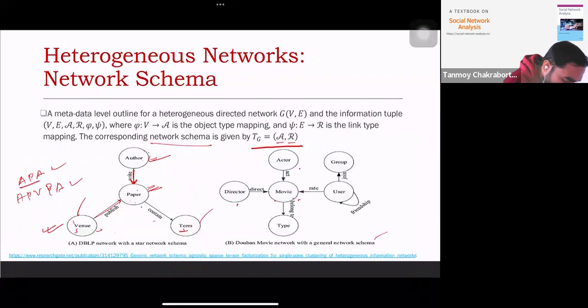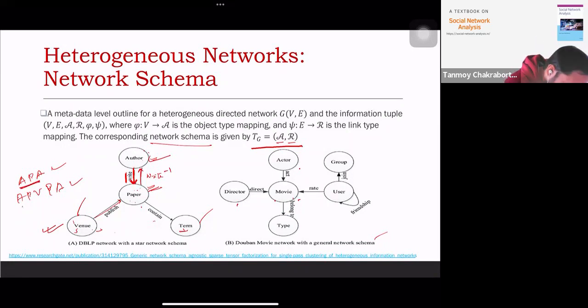So APA is possible because A has written this paper, so if there's a link from A to P via the edge type "writes", there can be an opposite link from P to A via the edge type "writes inverse", which is "written by". This is possible. So APA is a valid metapath.